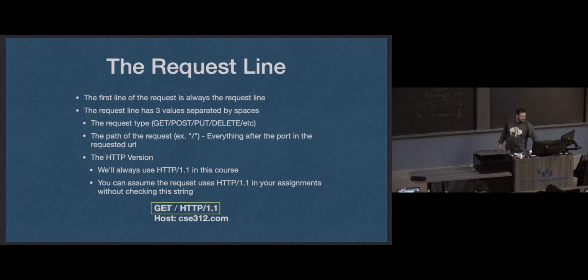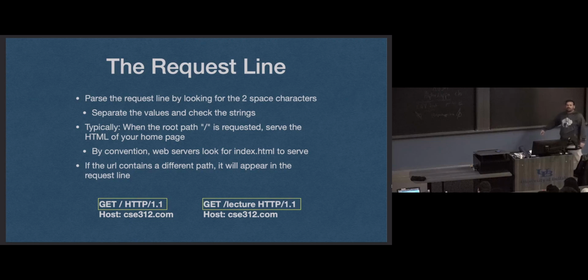What's the request type and what's the path? This implies that you cannot have spaces in paths, which you probably all know intuitively. You can't have like a space in the middle of a domain name. This is one of the reasons why it would break everybody's parsers, because we're all parsing based on those 2 spaces. So no spaces in any URLs.